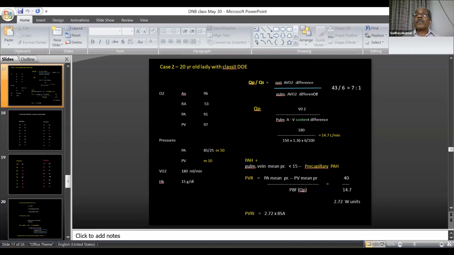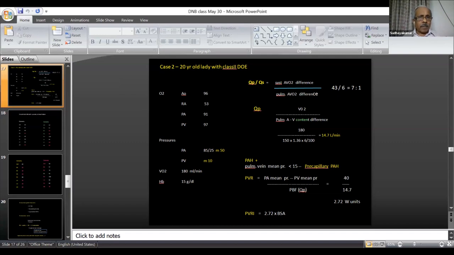The pulmonary artery mean pressure minus the pulmonary vein pressure is 40. That is 50 minus 10 divided by the pulmonary blood flow, which is 14.7 units. It is 2.72. In adults, we need not bother very much about the index, but you can multiply it by the body surface area to get the PVRI.